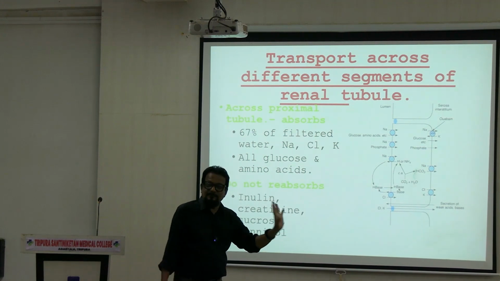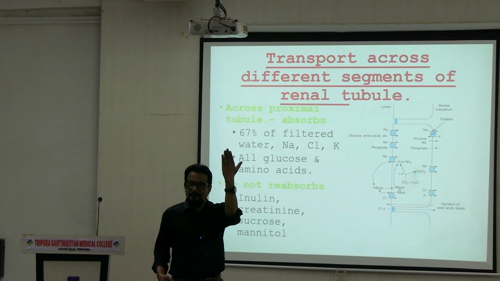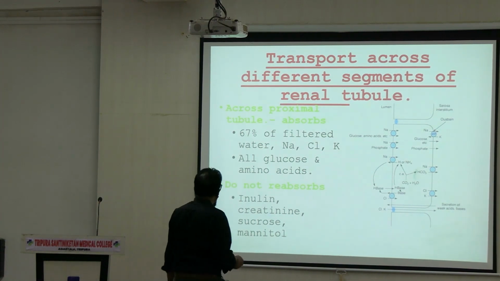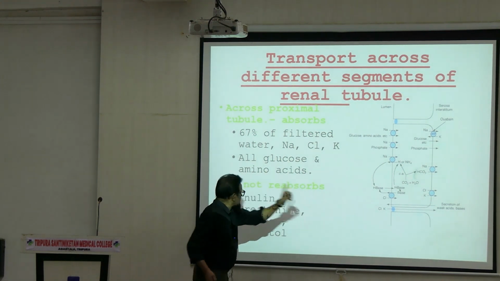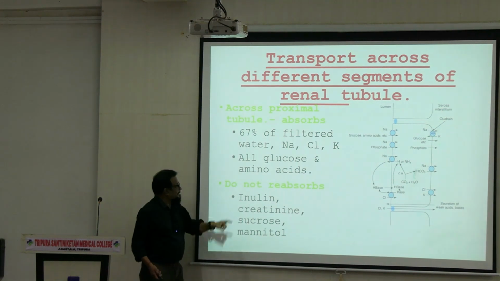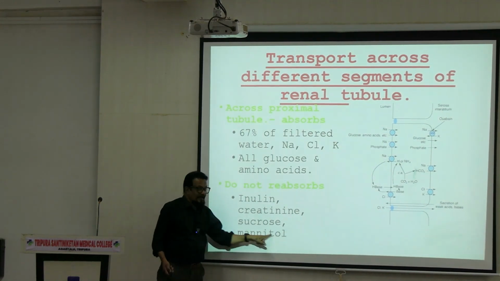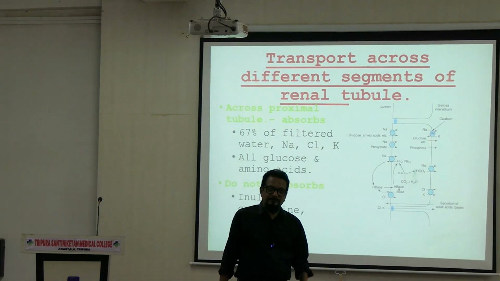The rest is reabsorbed or secreted from the rest of the renal tubule. So the proximal tubule is very vital to us. Whatever is filtered, from that inulin, creatinine, sucrose, mannitol will never be reabsorbed. These will be secreted.